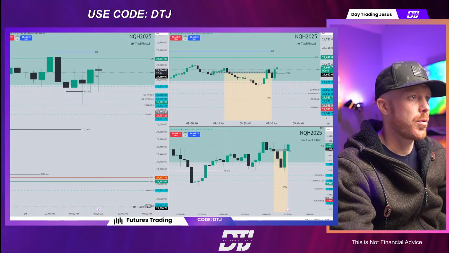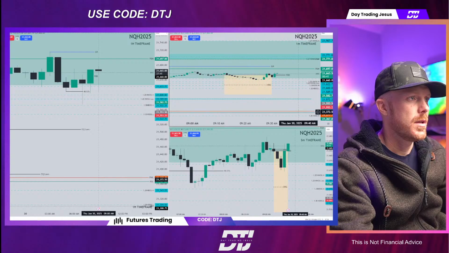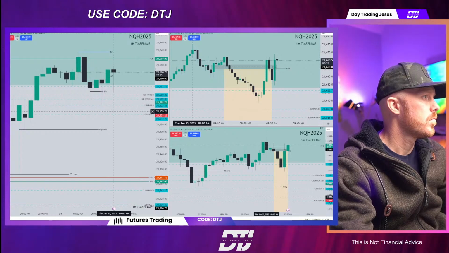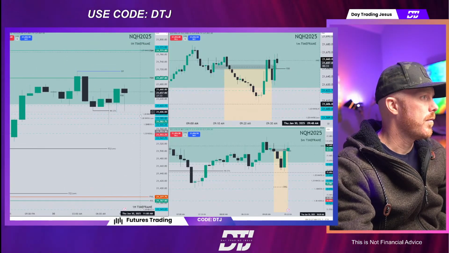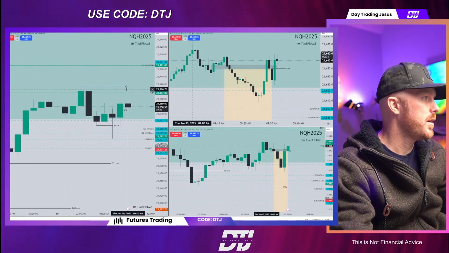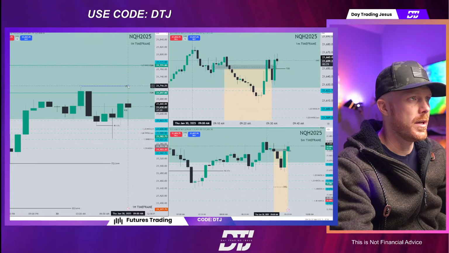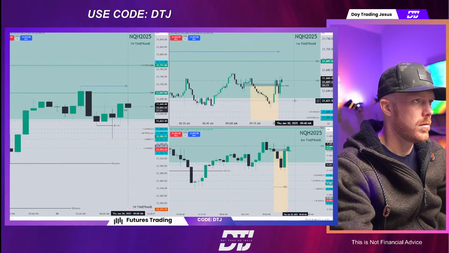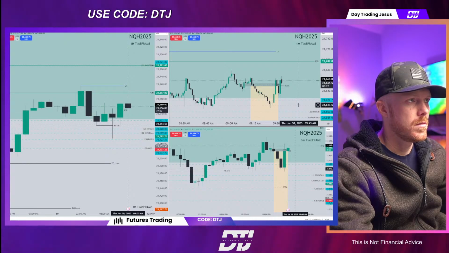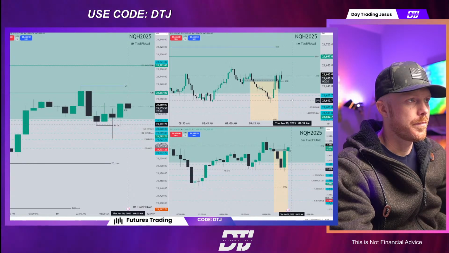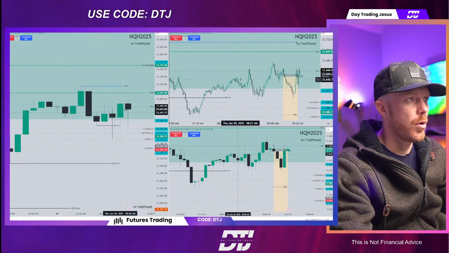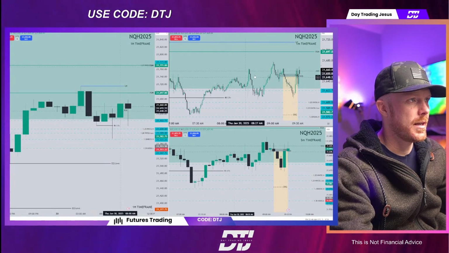Yes, we did mark the previous day low, sitting way down here. We have London high that I'm watching. See what we do after we sweep London high. Pretty much consolidating inside this range.